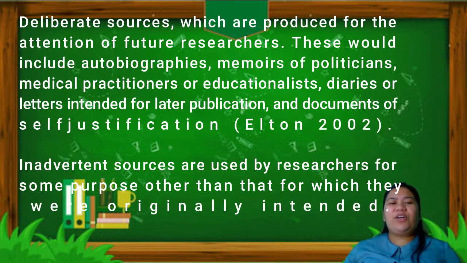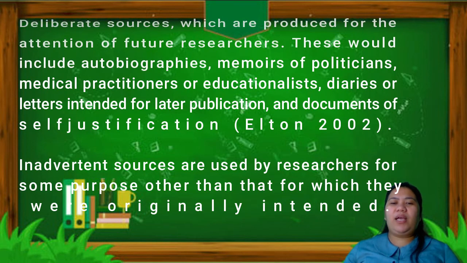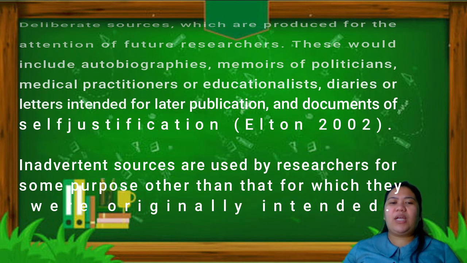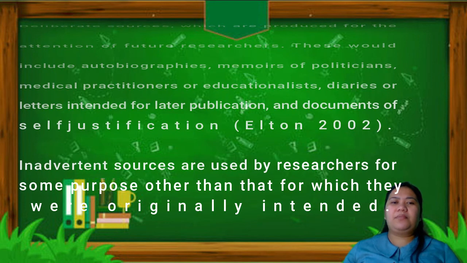While inadvertent sources are used by researchers for some purpose other than that for which they were originally intended. For example, they are produced by the process of local and central government and from the everyday working of the health and educational system.